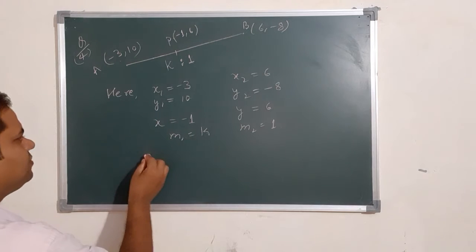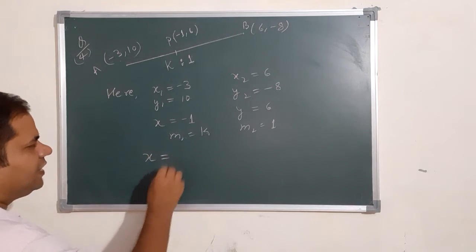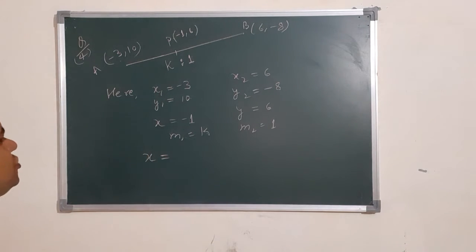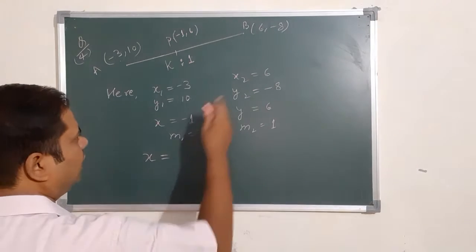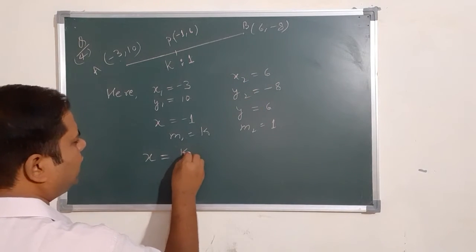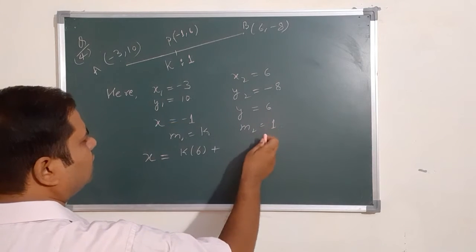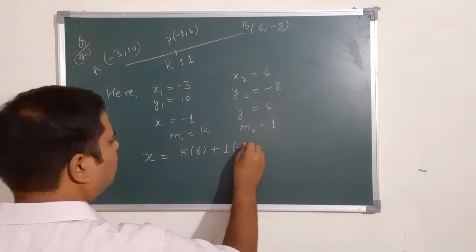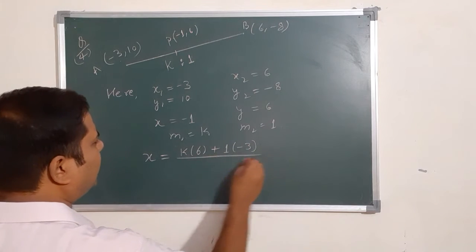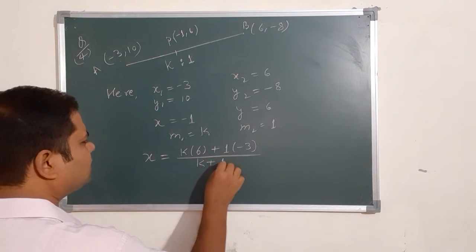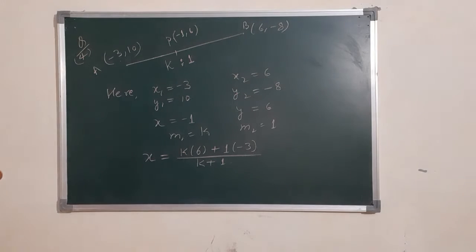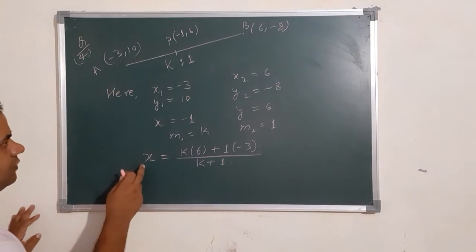Now X is -1, so the coordinate of X is nothing but M1 X2, K into 6 plus M2 X1, 1 into -3, divided by K plus 1, and you know very well what is the value of X.